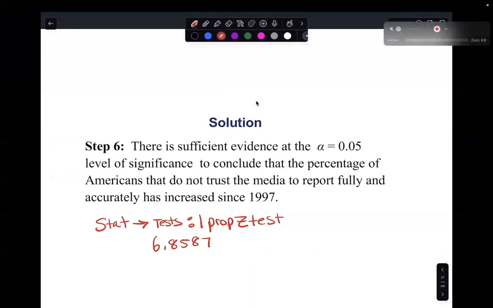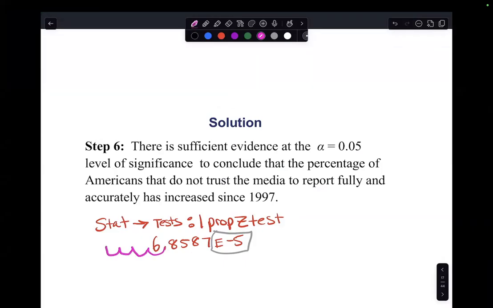Jump back over. So this said E negative 5. This is telling you to move the decimal 5 places to the left, so make this a super small decimal. So 1, 2, 3, 4, 5, 0, 0, 0, 0. My decimal is now here.